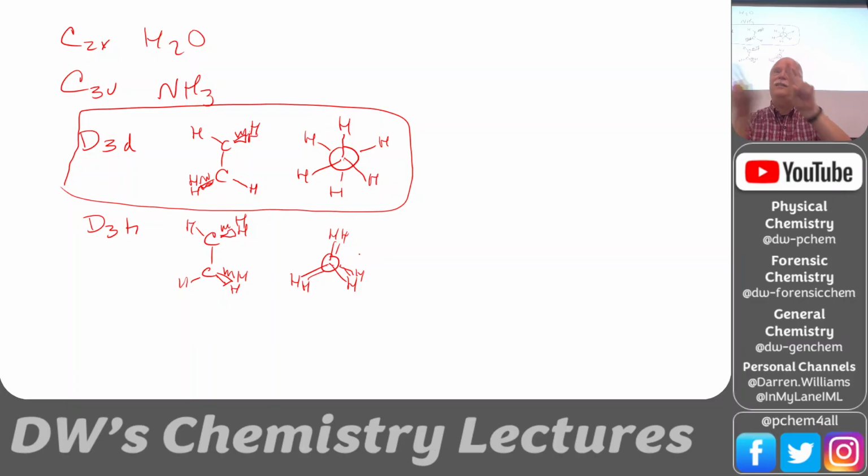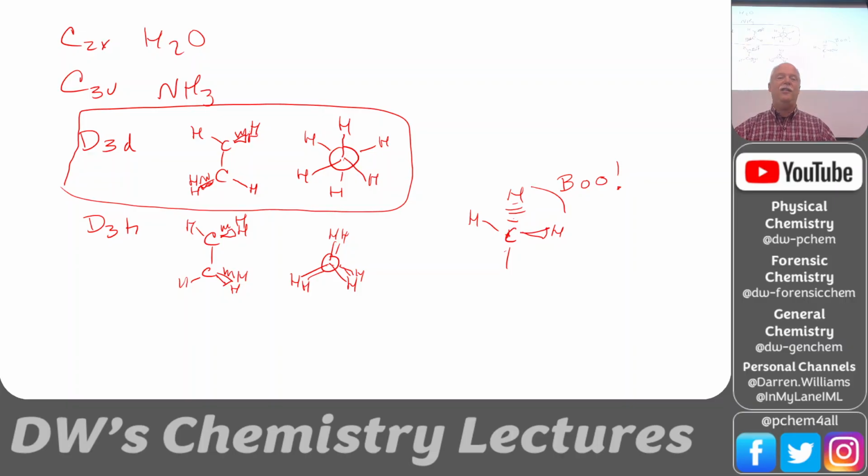Notice how close my wedges and dashes are. Don't do it like this. I'm telling you, don't do it like this. That is bad because this is too far apart. Those are supposed to, from your perspective, be right in front of each other.